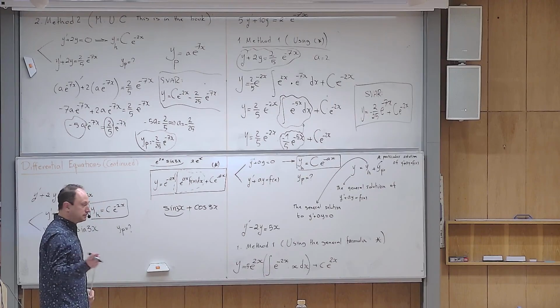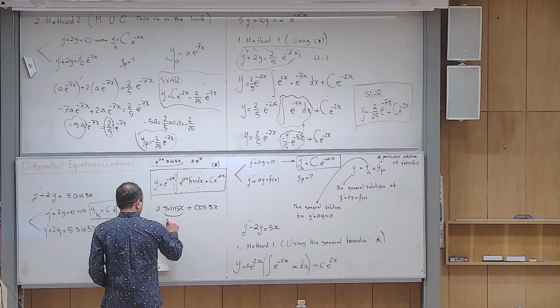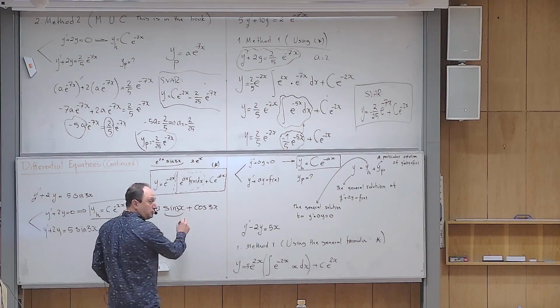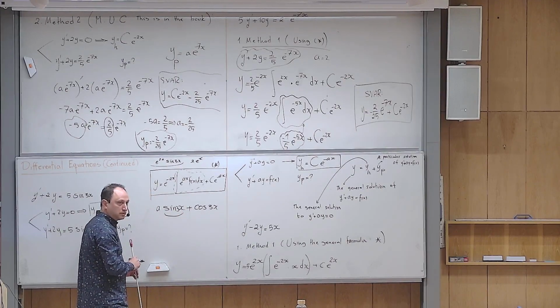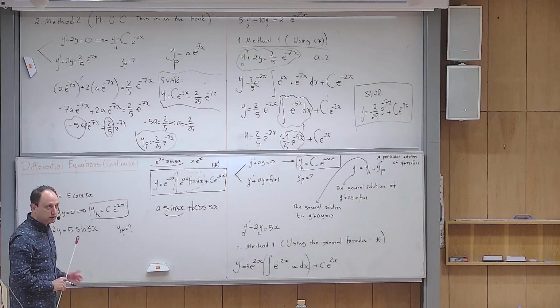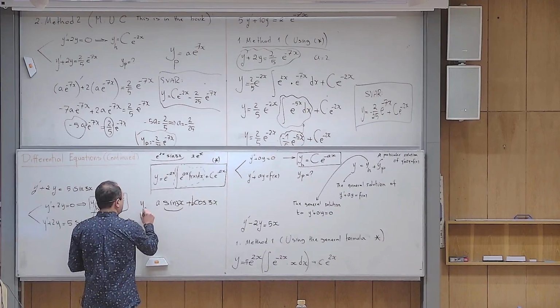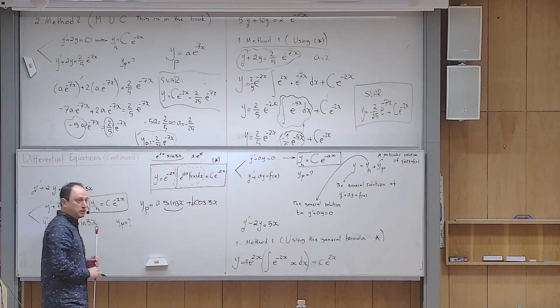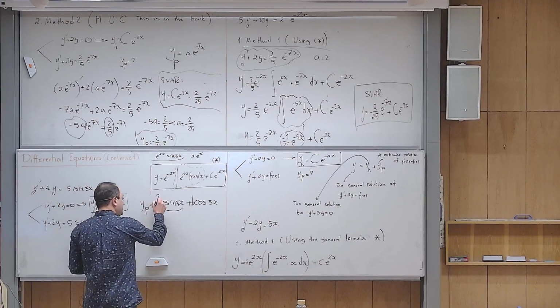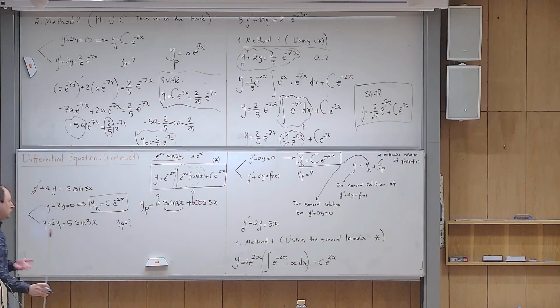A sine 3x plus A cosine 3x? No, because if you write A and A, you are forcing the A's to be the same. There is no guarantee, so let us write B. That's the correct combination. Yes? So this is your educated guess. But still there are two coefficients left unknown, and that is why it is called undetermined coefficients.